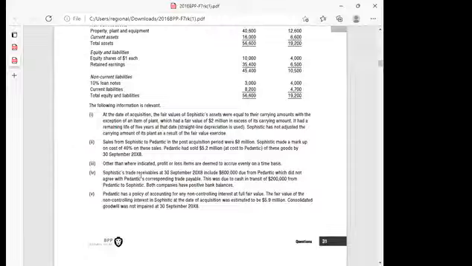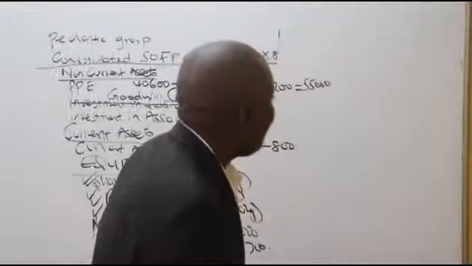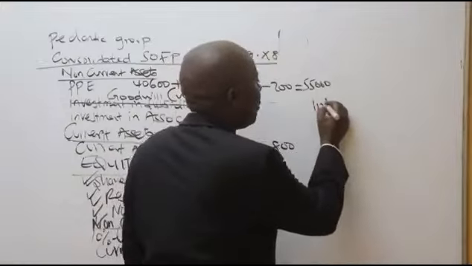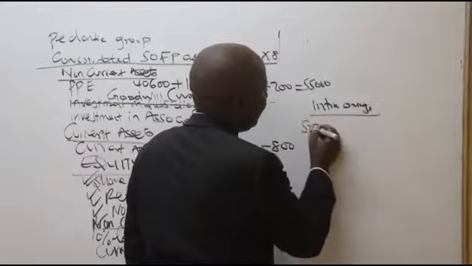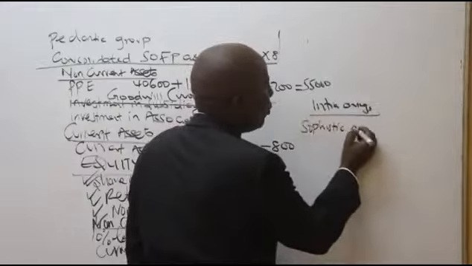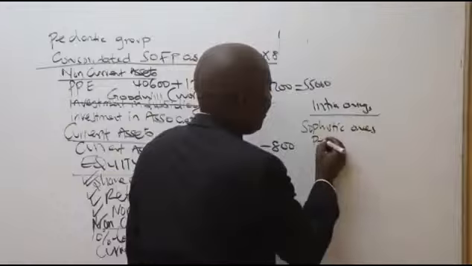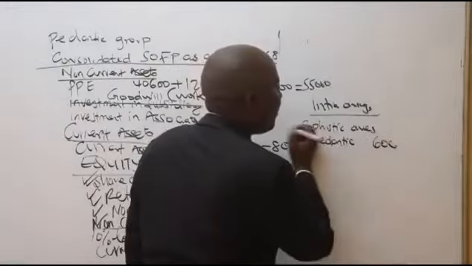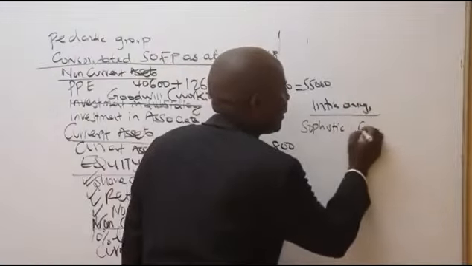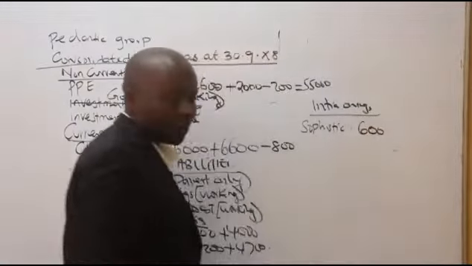Tunaambiwa sophistic trade receivables, so intra-owings. We have here sophistic, pedantic owes 600,000. Just mention there sophistic 600, you have to chop the 3 zeros.